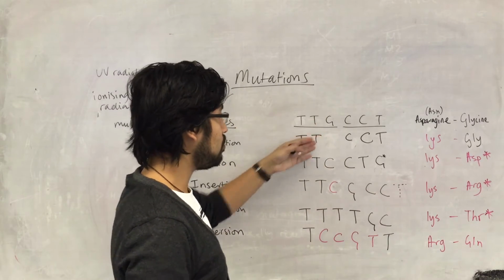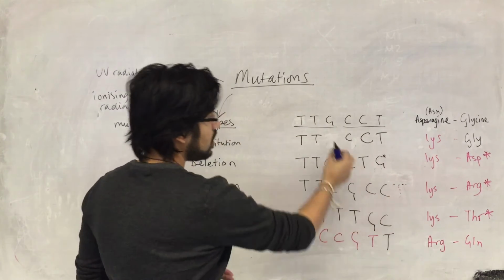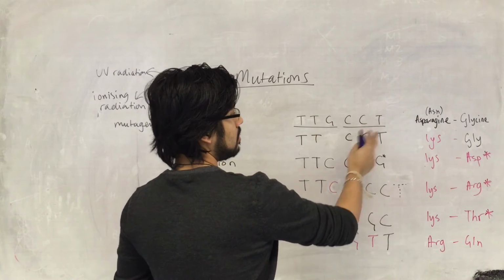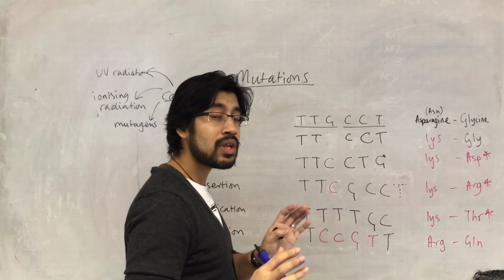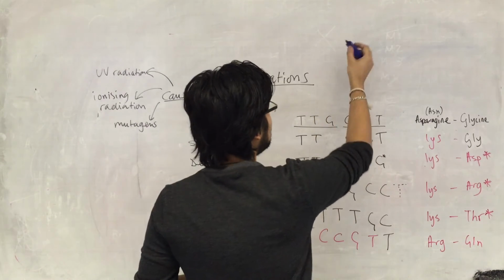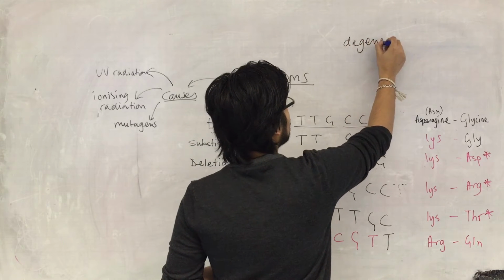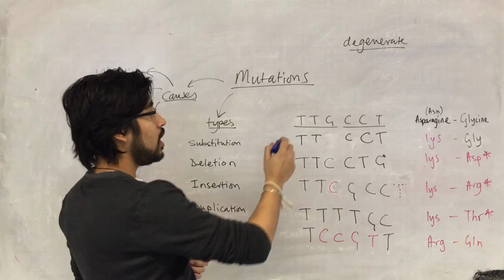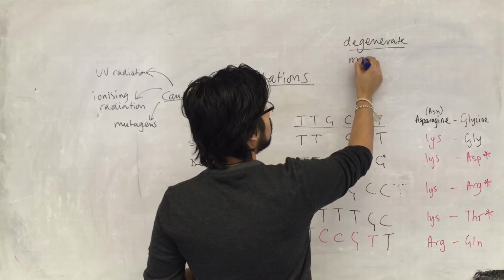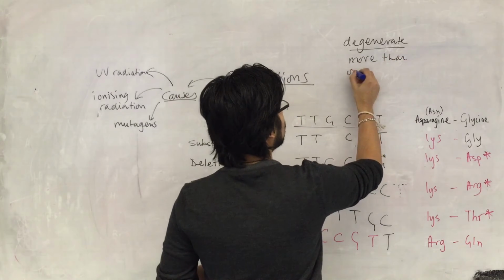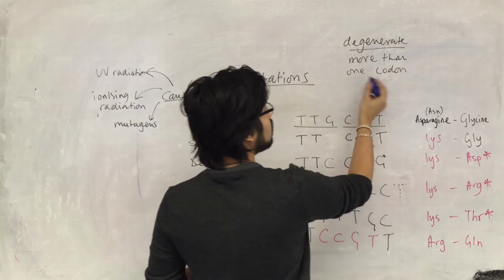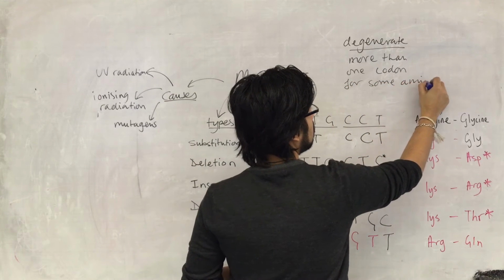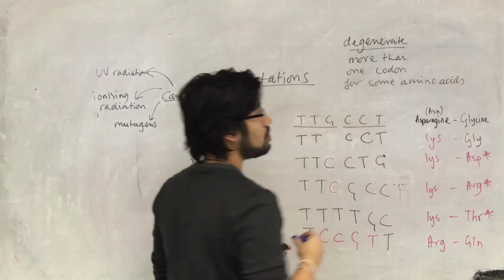Sometimes the substitution that occurs in the DNA base sequence can lead to a different amino acid, but not in every case, because of the degenerate. That's a term that comes up quite a lot. Because of the degenerate nature of the genetic code, there is more than one codon for some amino acids.